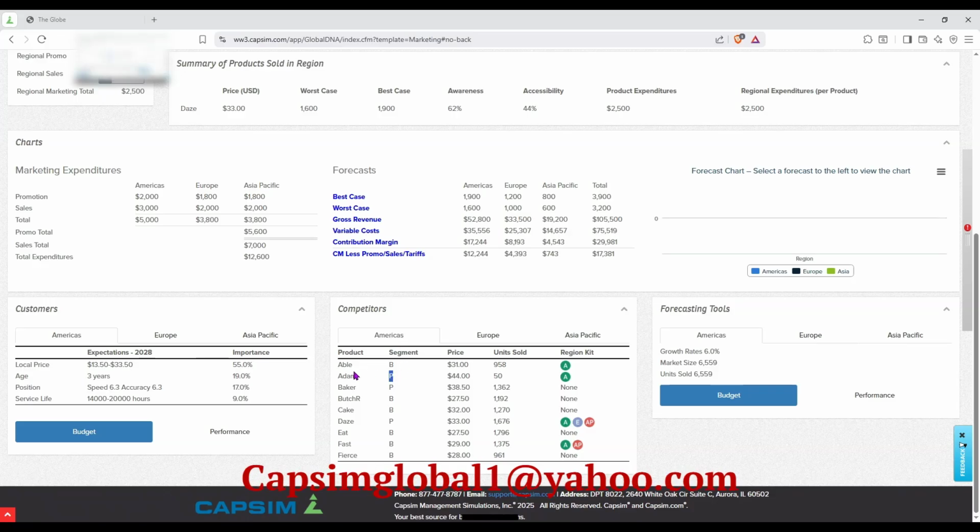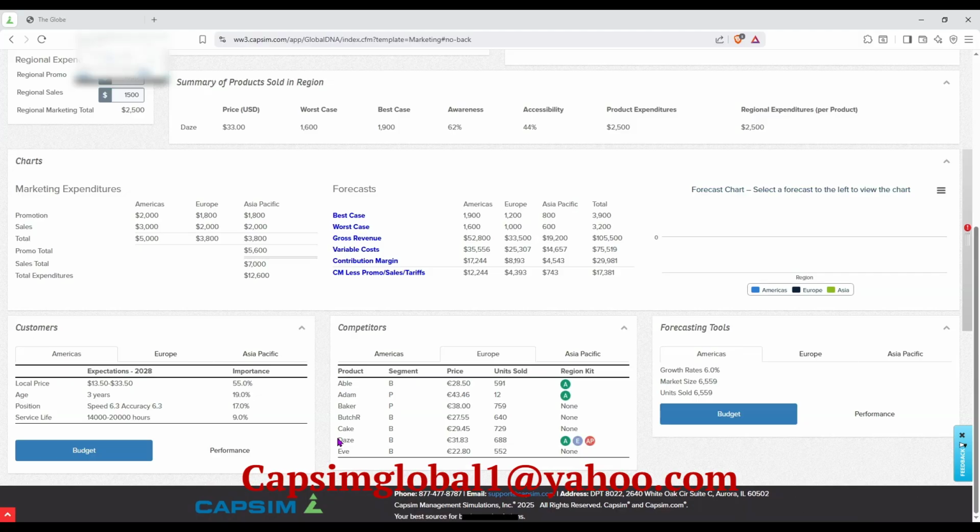So under the Americas, you can see that Able is selling at 31 and they sold 958. Our product is actually Days, and the Days sold 1676 and selling mainly in the performance segment. So it's selling on both the 3 segments, and we sold only 1676 in the Americas. For Europe, our product Days sold 688 at a price of 31.83.